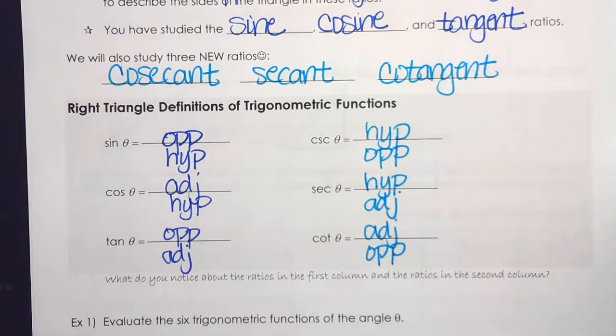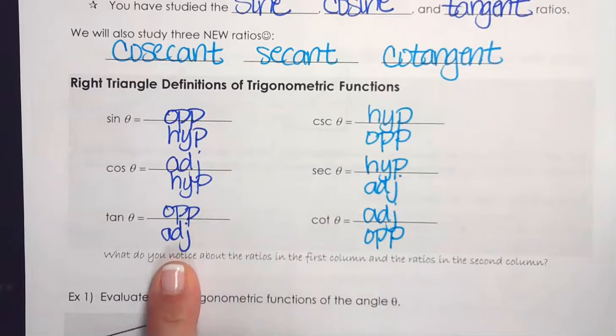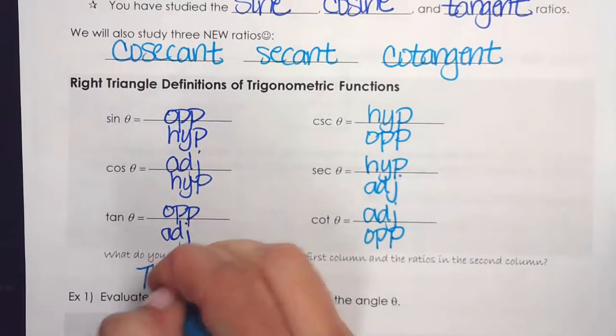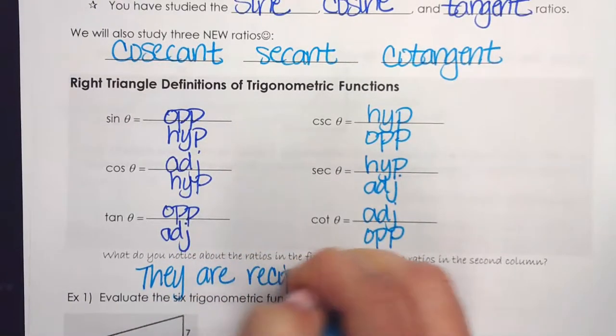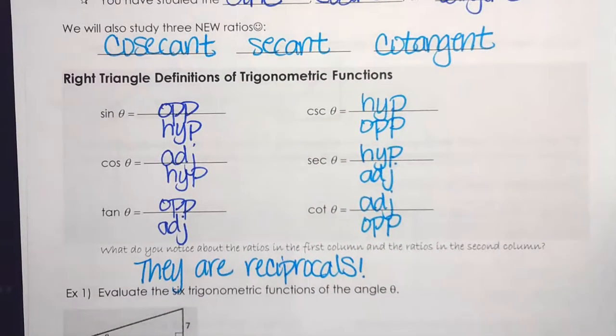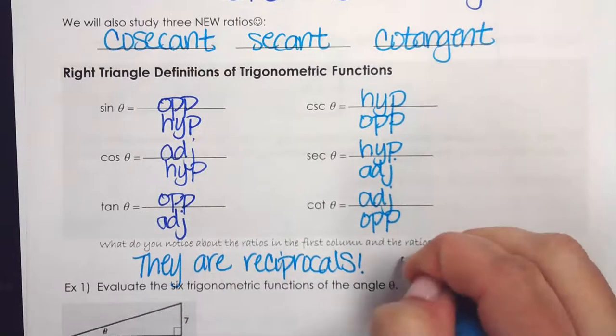Now, even though these are 3 new ratios, what do you notice about the ratios in the first column and the ratios in the second column? Yes, what is that called when they're flipped? Reciprocals, very nice, okay? So they are reciprocals. And oftentimes we write reciprocals in general as 1 over something, even though you think about switching the numerator and denominator.